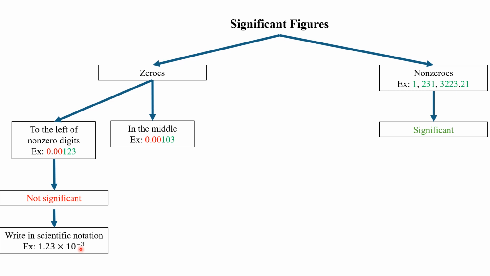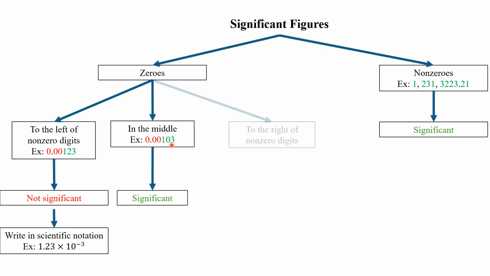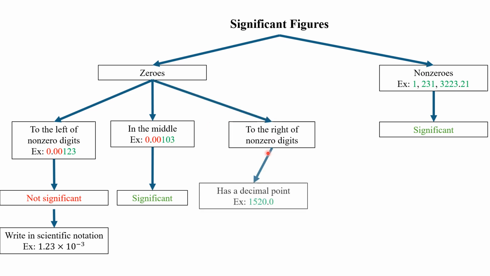What if the 0 is in the middle between 2 digits? Then it's counted, it's significant. So in 103, the 0 in the middle is significant. In the third case, a zero to the right of non-zero digits, for example 1520.0, it's significant because we have a decimal number.